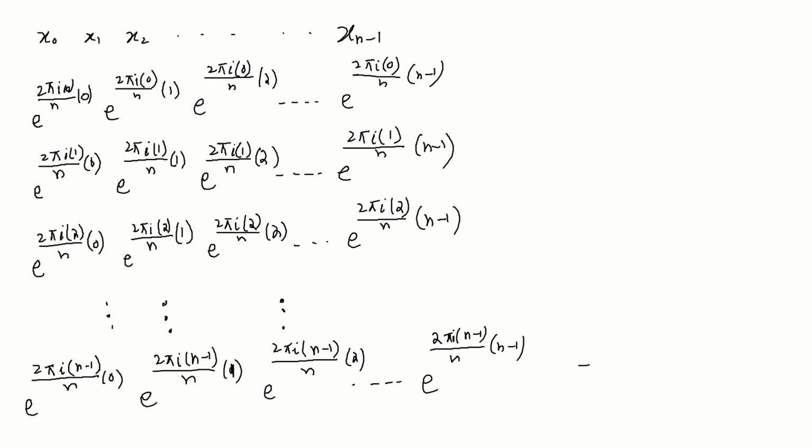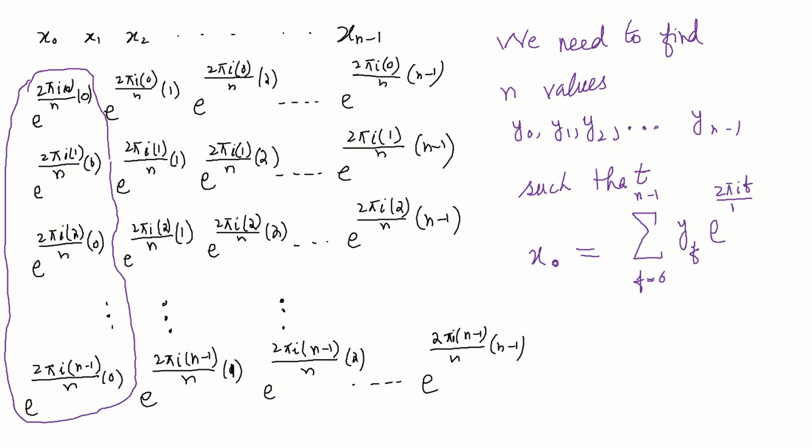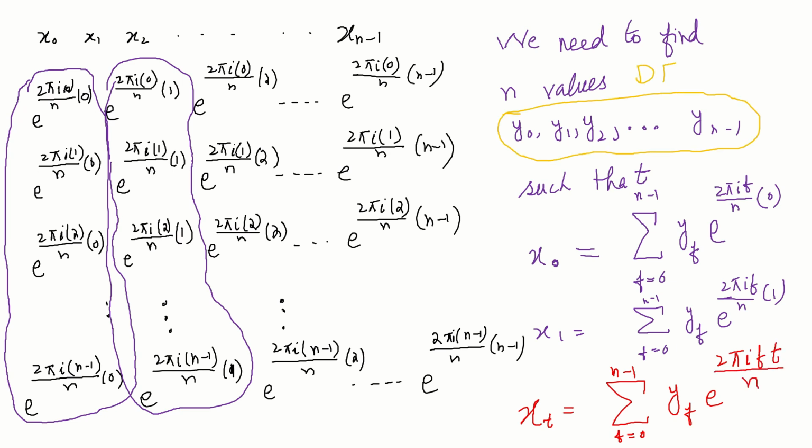To find the DFT, we need to calculate n values y0, y1, y2, up to y n minus 1 such that x0 is the sum of these values multiplied by the corresponding values, x1 like this, and generally xt is the sum of the column t values multiplied by the corresponding y values. These y values are called the DFT of the signal x0, x1, x2, up to x n minus 1.